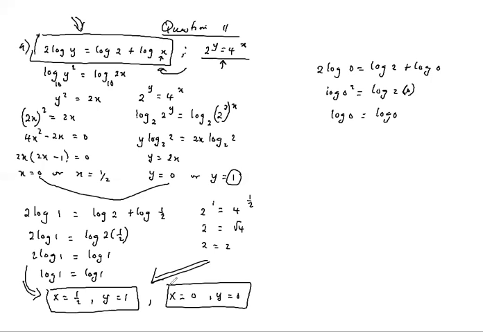Okay, so I go to B. In B we have log 3 of x is equal to y, and the same y is log 9 of 2x minus 1.